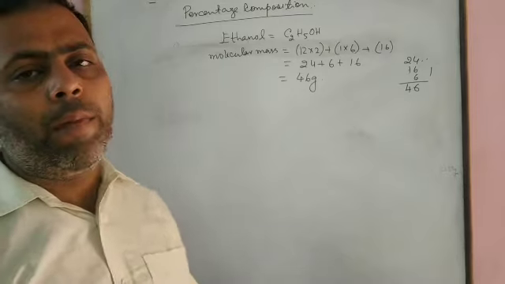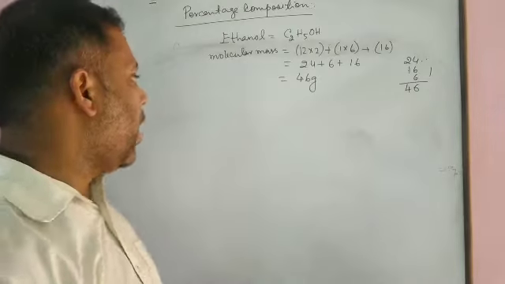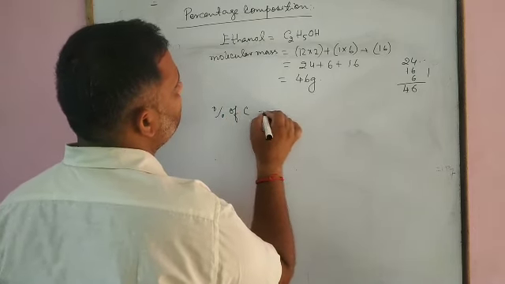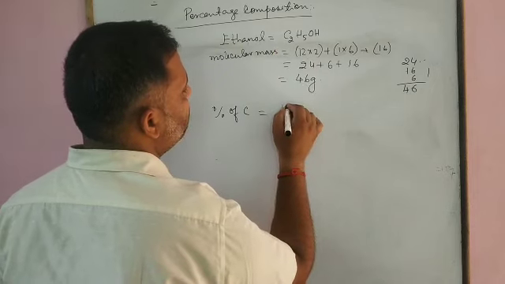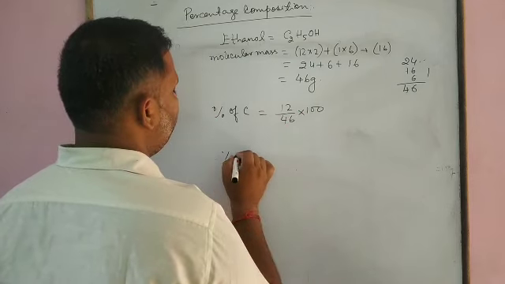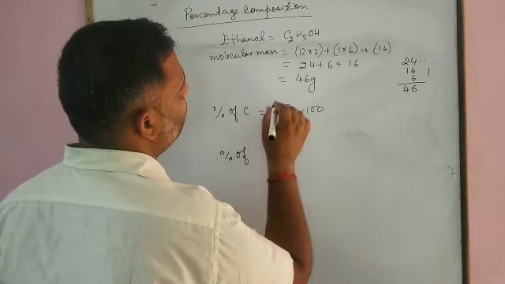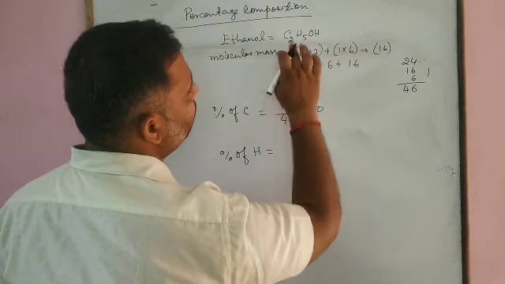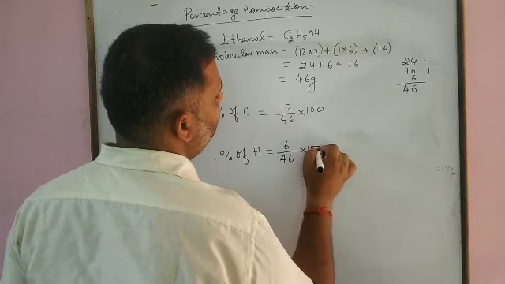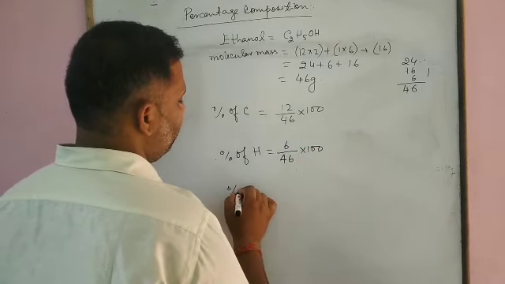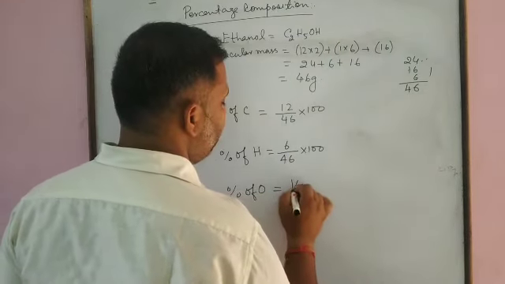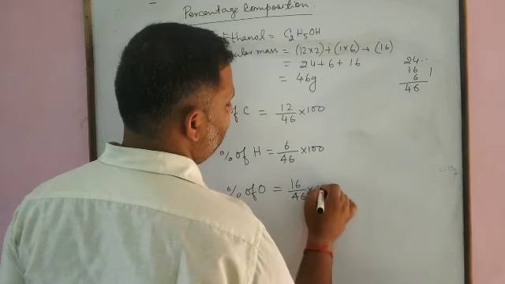In order to determine the percentage composition of carbon, let us see. Percentage composition of carbon is equals to, what is the mass of carbon? That is 12 divided by 46 into 100. Percentage composition of hydrogen is equals to 6 by molecular mass of the compound 46 into 100. The next, percentage composition of oxygen is equals to oxygen's mass is 16 gram by 46 into 100.